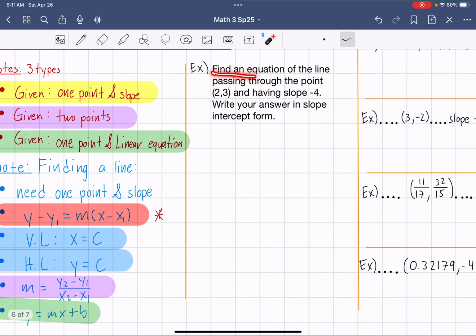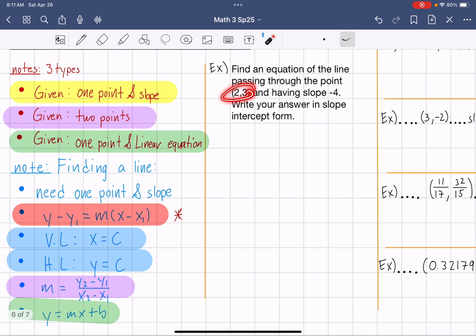So we're going to find the equation of a line. So again, we're going to use the point slope form unless it describes a horizontal or vertical line. Passing through the point, having slope -4, write your answer in slope intercept form. So there we can see case 1. There's no talk about horizontal or vertical lines.